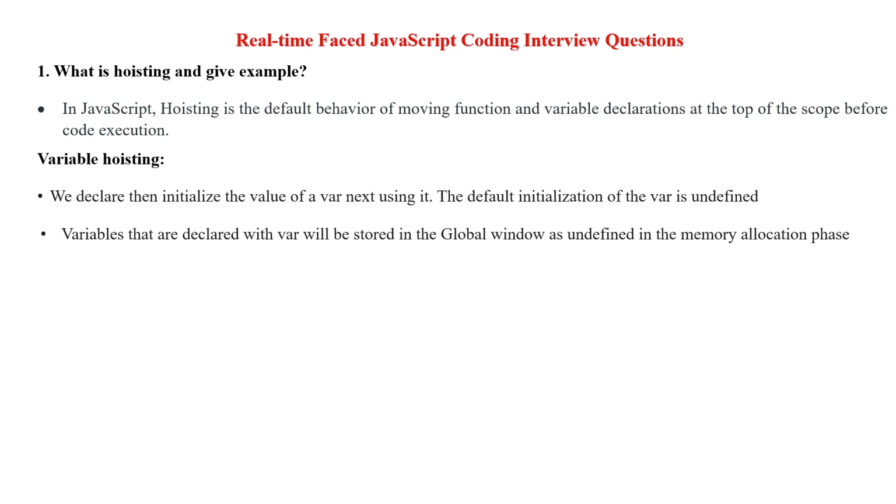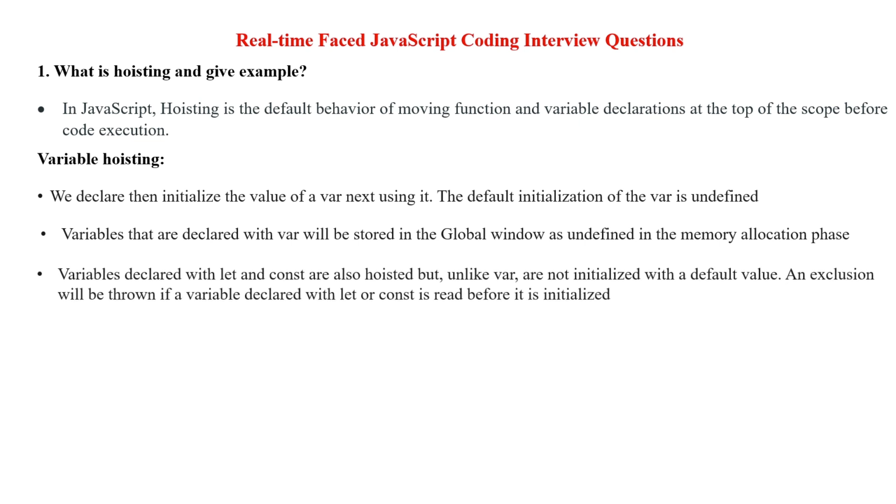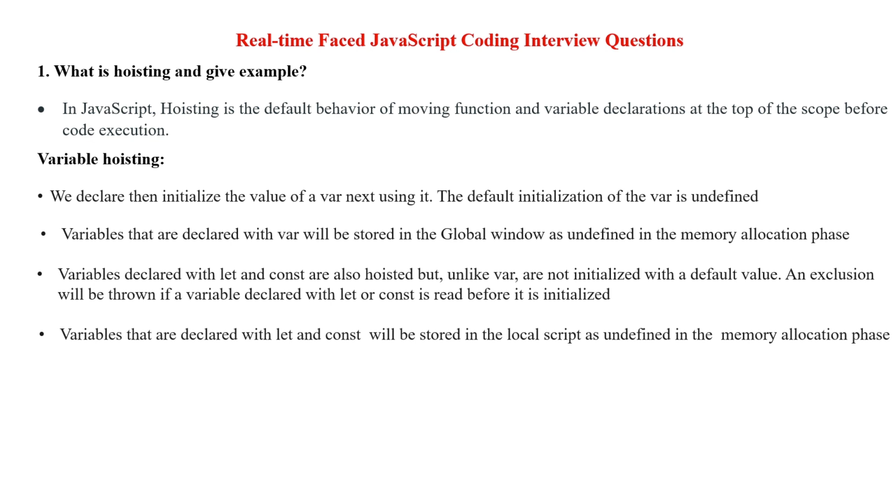Variables declared with var are stored in the global window as undefined in the memory allocation phase. Variables declared with let and const are also hoisted, but unlike var, are not initialized with a default value. An exception is thrown if variables declared with let or const are read before initialization. Variables declared with let and const are stored in script scope as undefined in the memory allocation phase.